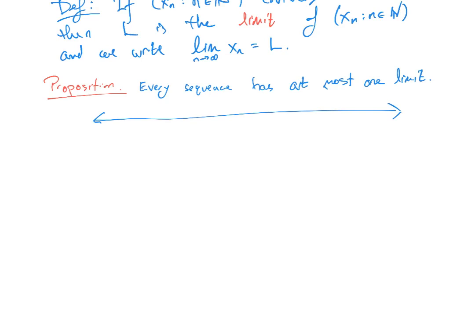Here's our real line. Let's say it has two limits and they're actually different, L1 and L2. Our goal is to show that this is impossible.